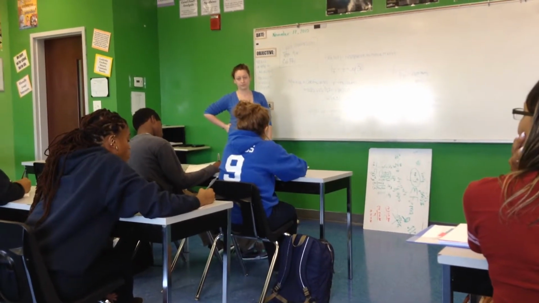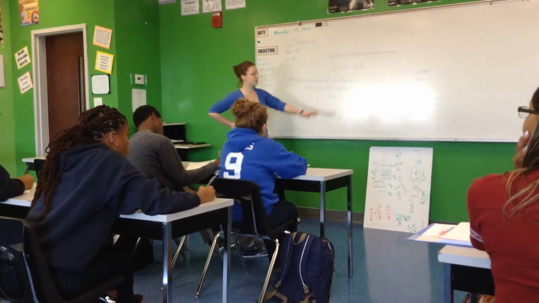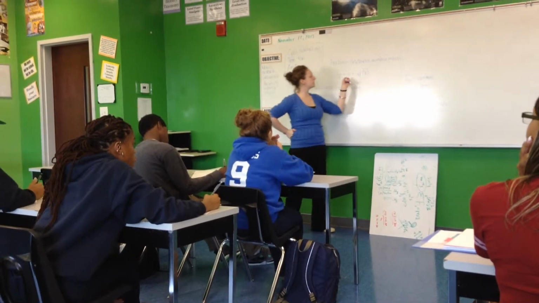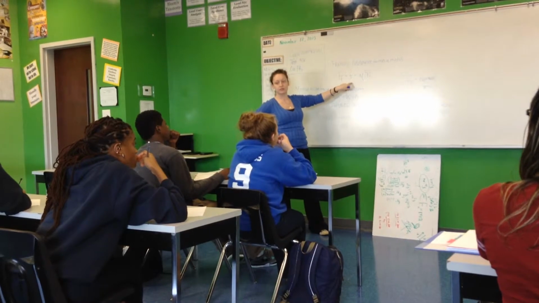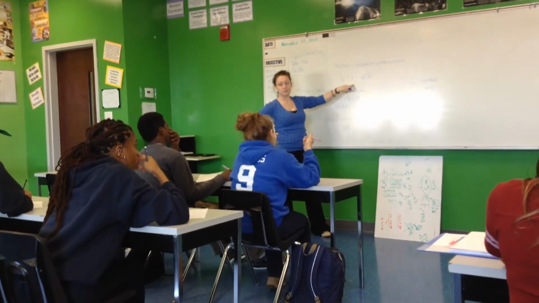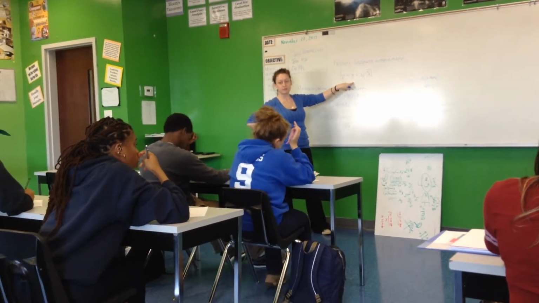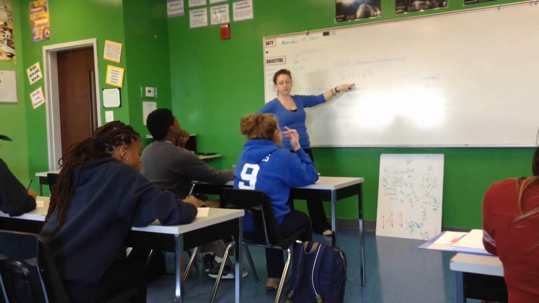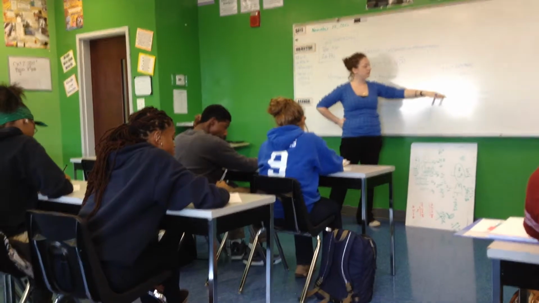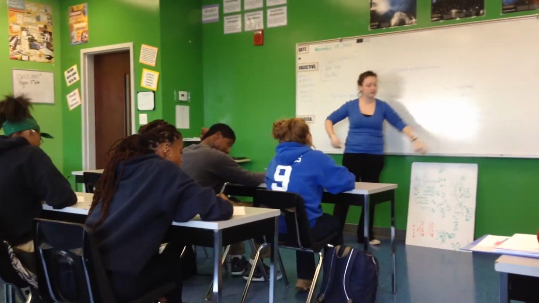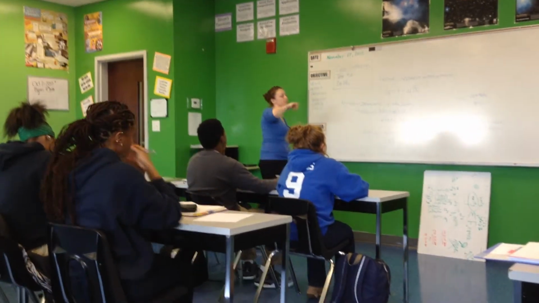Looking at this equation, the bigger the normal force is, the bigger friction is going to be. Does that make sense? So the more the surface is pushing on the object, the bigger friction is going to be.